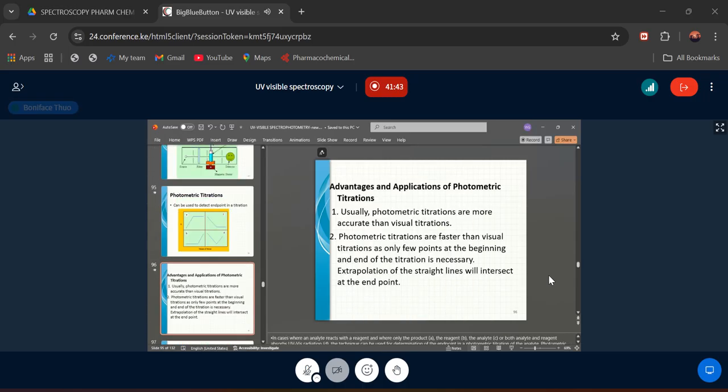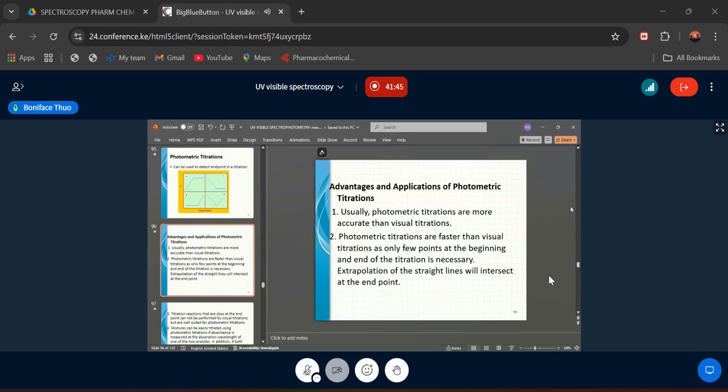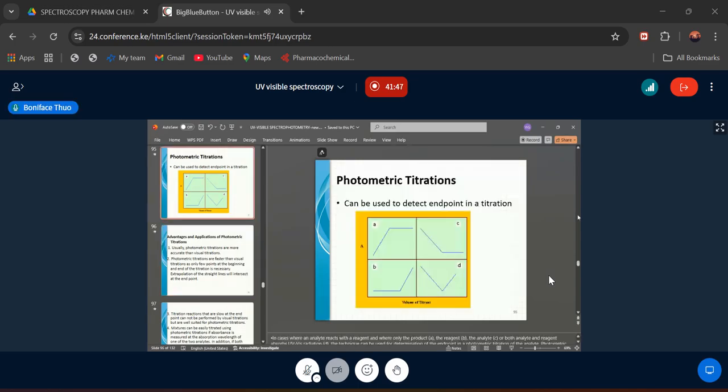So depending on the spectroscopic behavior of the titrant, the product, and the analyte, we can get different types of curves. So in the first case, we can see that the absorbance increases and then flattens off.